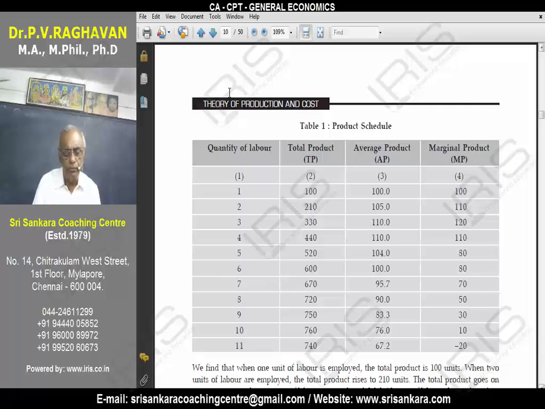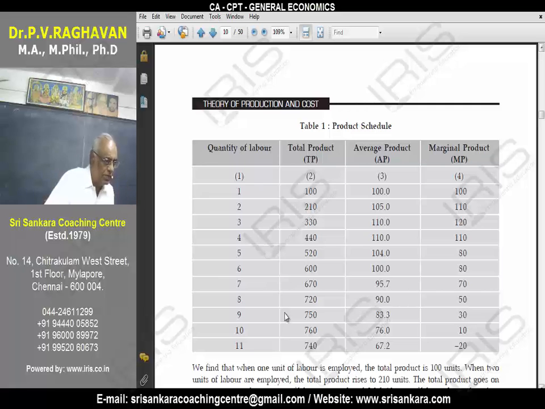Number two, there is a name for it. It is called operation of laws of returns. What are the three laws you have studied? IR, diminishing return, negative return. So, it is called operation of laws of return.